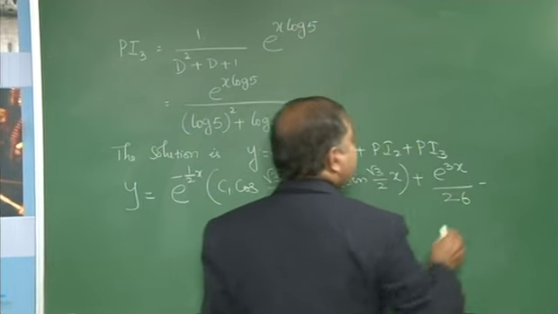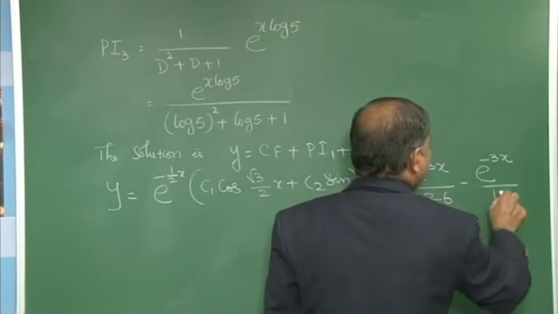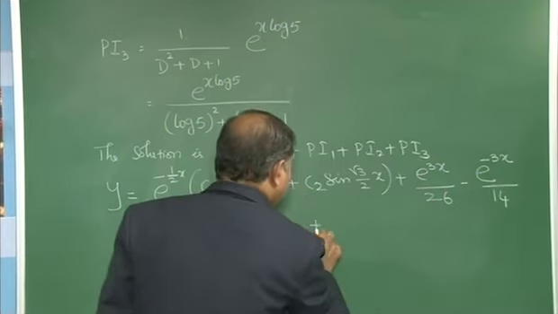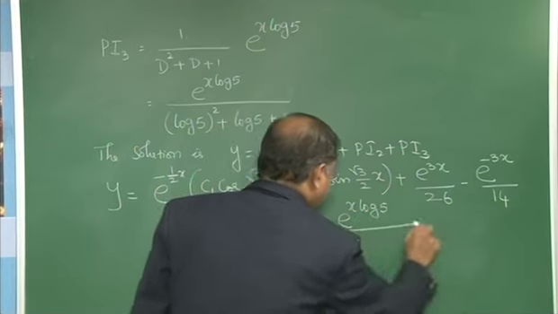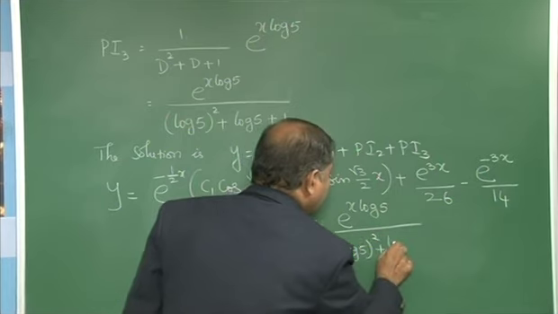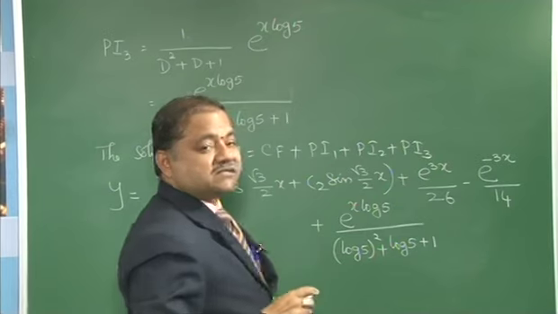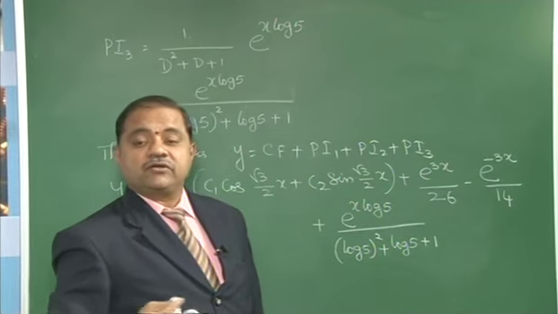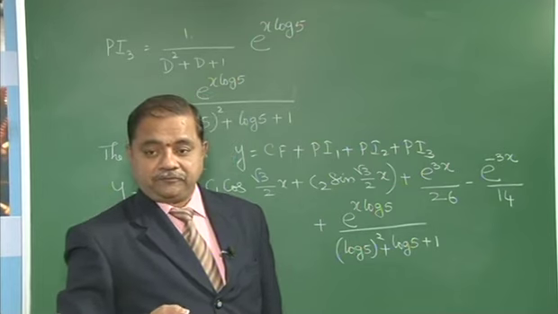Here you see that the minus is taken care of. So, −e^(−3x)/14. Finally, e^(x log 5) divided by (log 5)² + log 5 + 1. This is the complete solution of your particular differential equation.